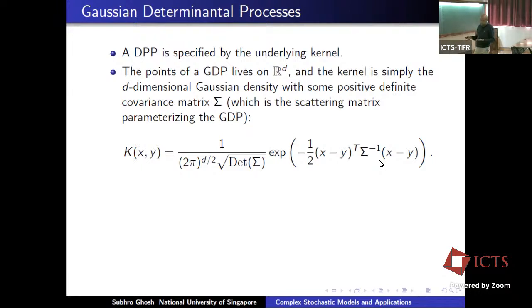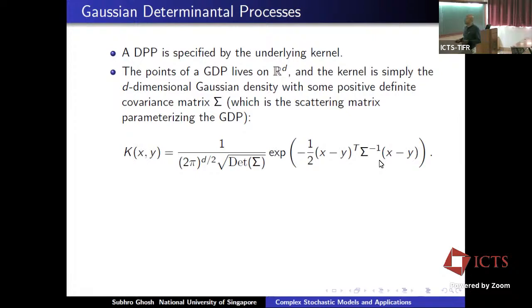It's the class of positive definite matrices of dimension d, and it can be shown, using the Macchi-Soshnikov theorem, that for any such Gaussian density, and I should really write K sub sigma here, with positive definite covariance matrix sigma, it satisfies the condition of the Macchi-Soshnikov theorem, and we get a determinantal point process. And by construction, the kernel is a function of x minus y. So it is a translation invariant point process living on the Euclidean space R^d.